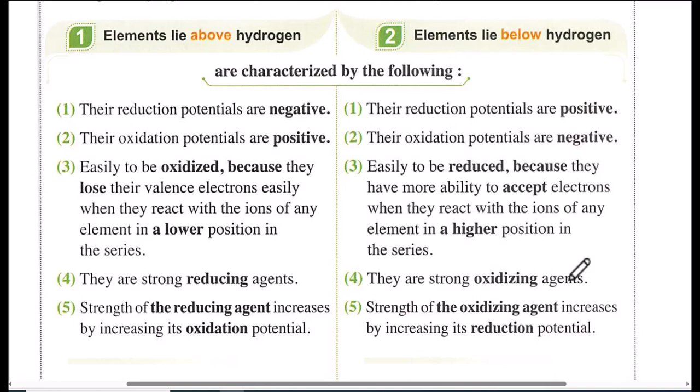So they are considered oxidizing agents. The strength of the oxidizing agent increases as the reduction potential increases. Reduction potential means the ability of the element to take electrons. So the ability to take electrons is the ability to oxidize another element.